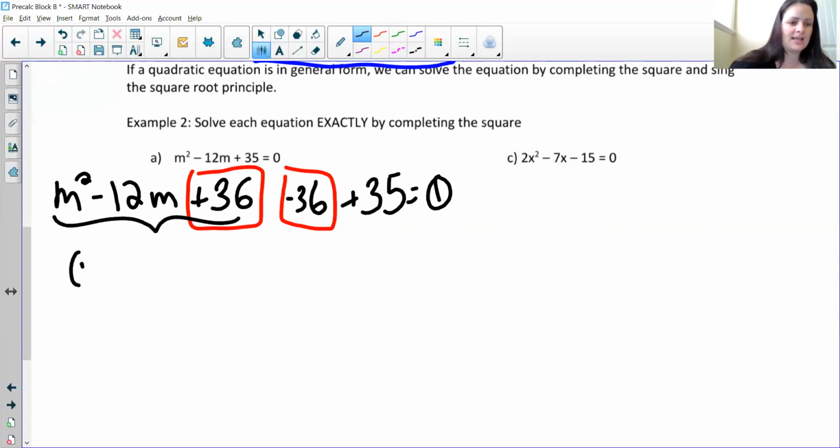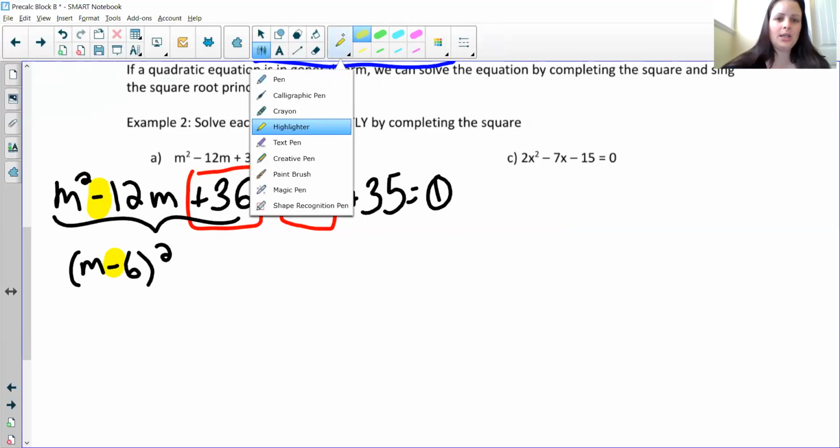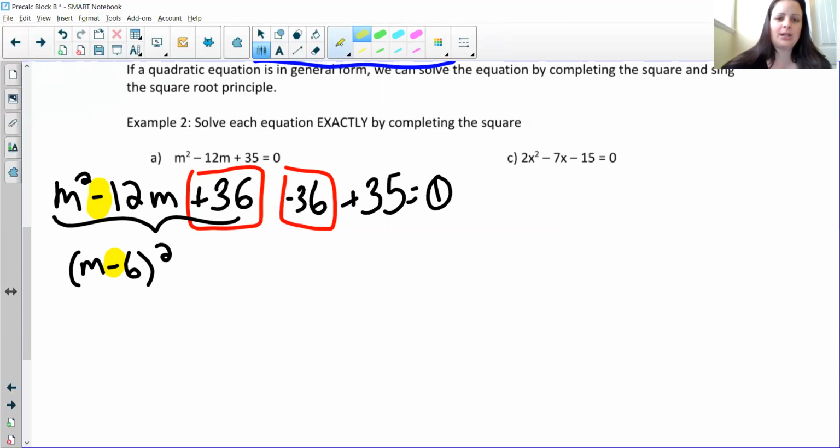So we can write that as m minus 6 squared. The number that goes in the bracket is either half of that middle term, that -12, or it's the square root of 36. But you have to look at this sign to know what sign goes in here. Okay. And then we're going to group our like terms, our remaining terms here. Negative 36 plus 35 is negative 1 equals 0.